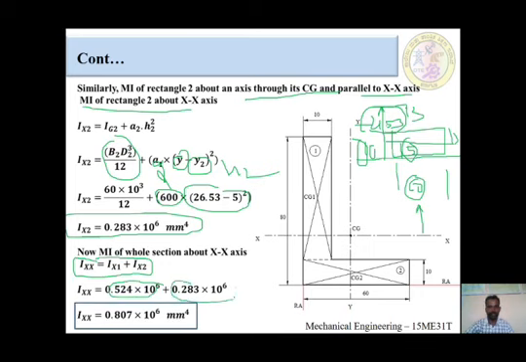After that we got 0.283 into 10 raised to 6 the value of Ix2. The summation of these two, the Ixx, the whole section moment of inertia about x-axis is 0.807 into 10 raised to 6 millimeter raised to 4. Okay, up to here you would have understood, I guess.